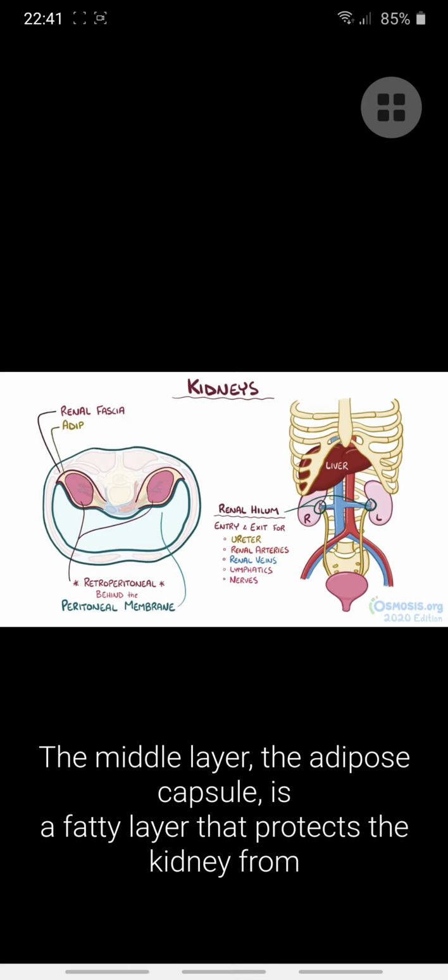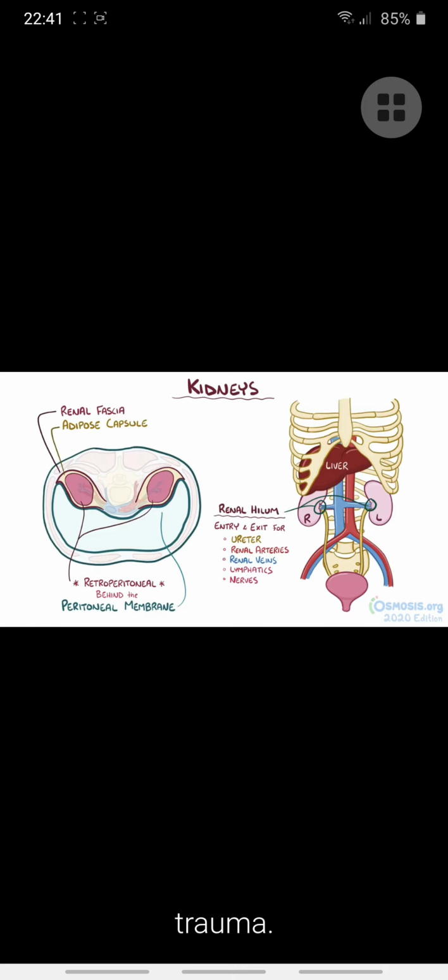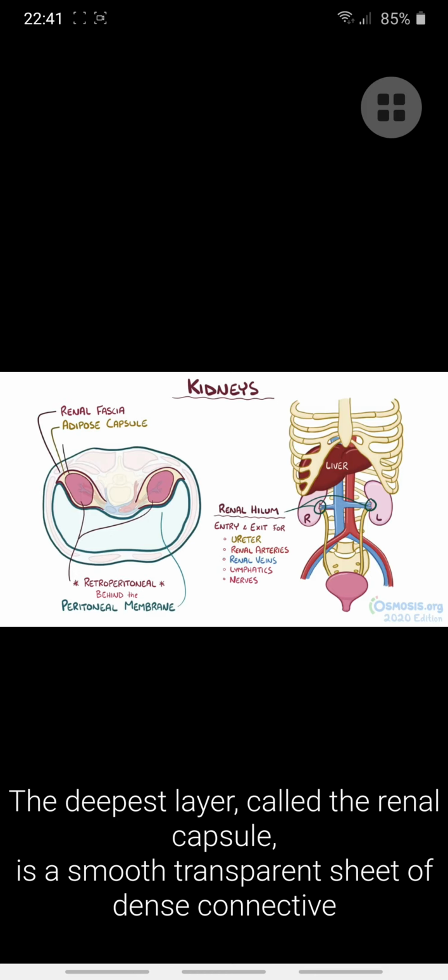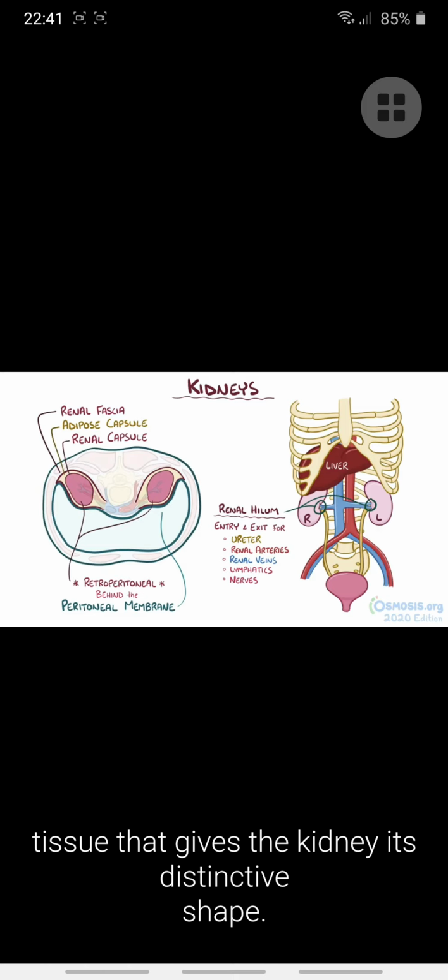The middle layer, the adipose tissue, is a fatty layer that protects the kidney from trauma. The deepest layer, called the renal capsule, is a smooth transparent sheet of dense connective tissue that gives the kidney its distinctive shape.